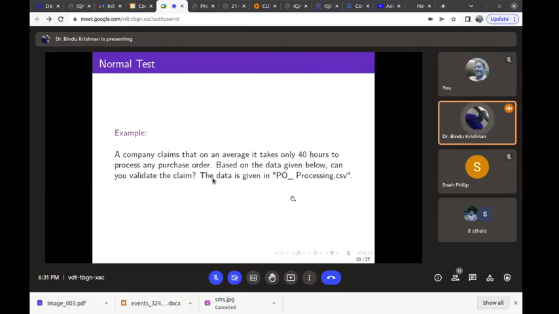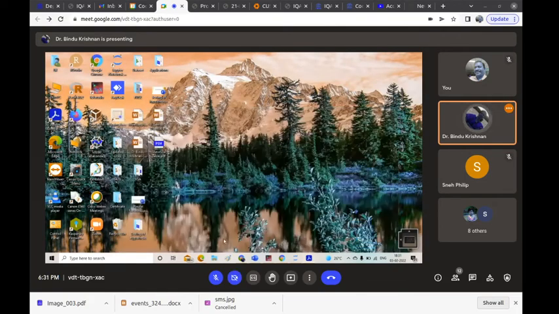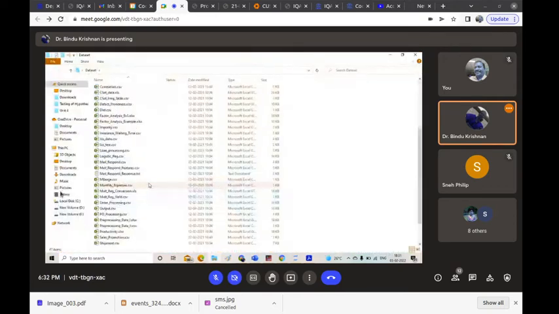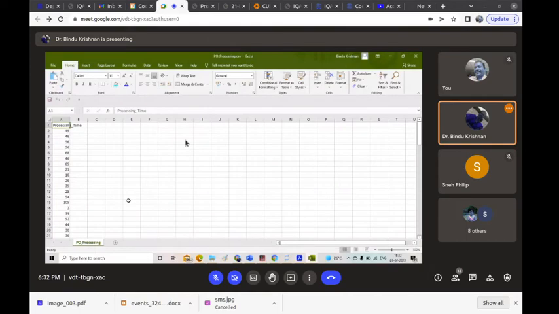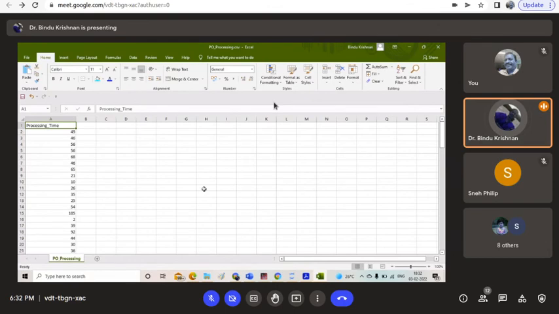Let me show you the data, the PO processing data. See, simply that processing time is given, equivalent to that t-test example.